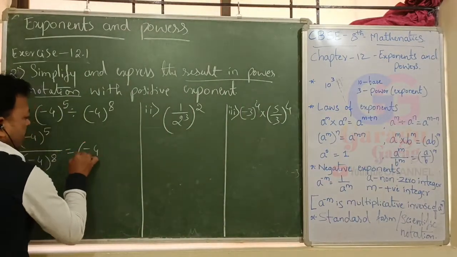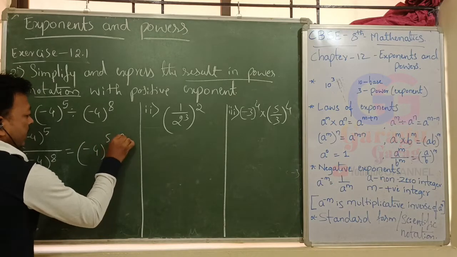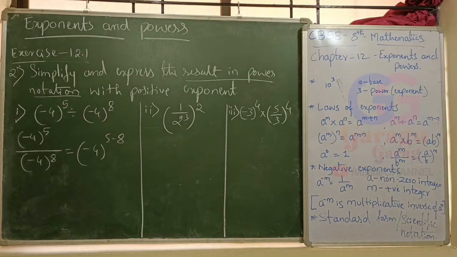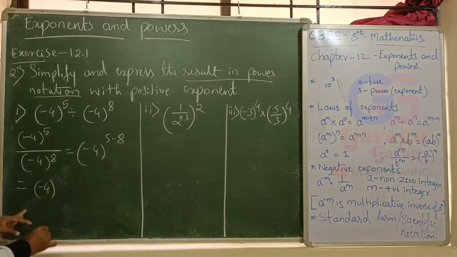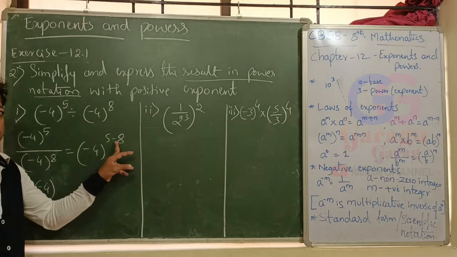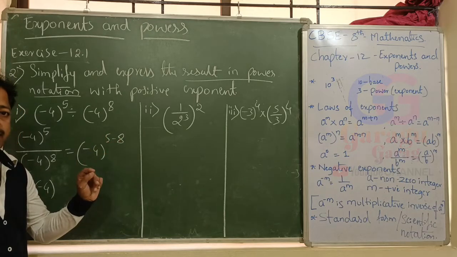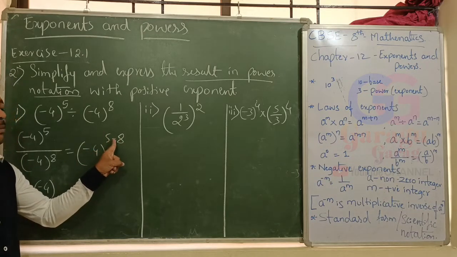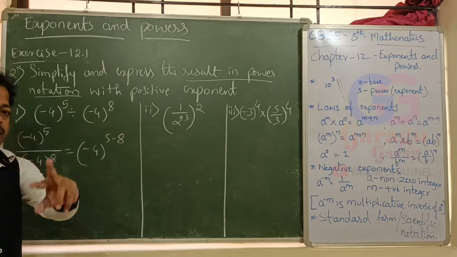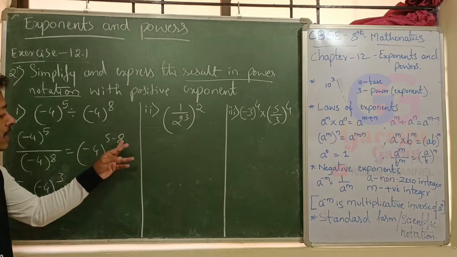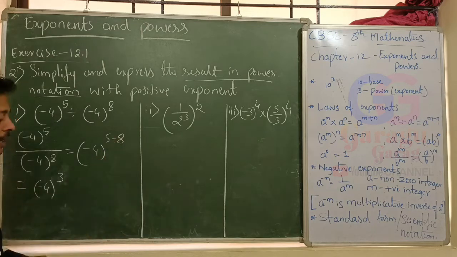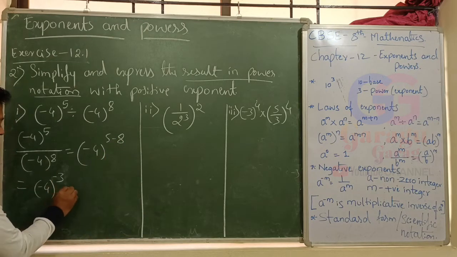Here minus 4 raised to 5 minus 8. So 5 minus 8 is how much? Here the smaller number minus the greater number. If the signs are opposite, do the subtraction: 8 minus 5 is 3, with the greater number's sign. That is minus 3.